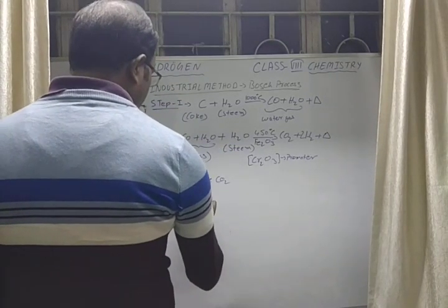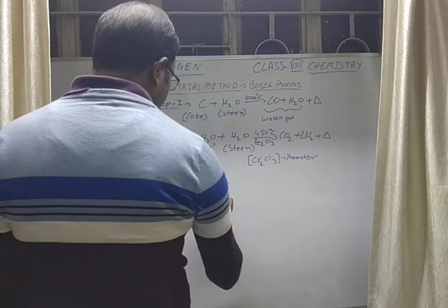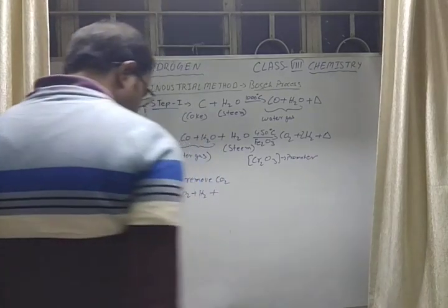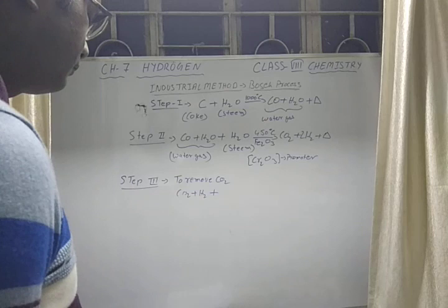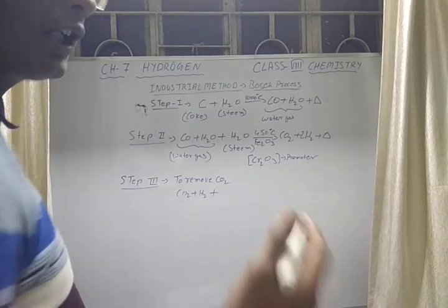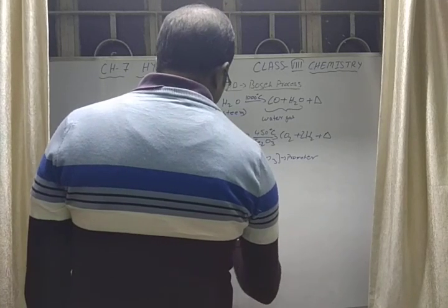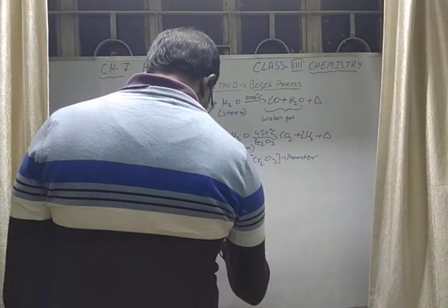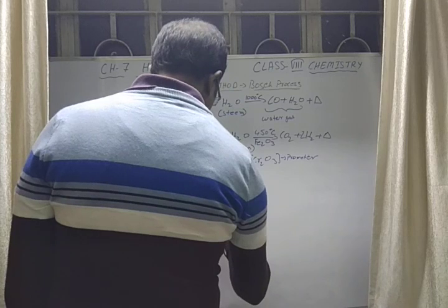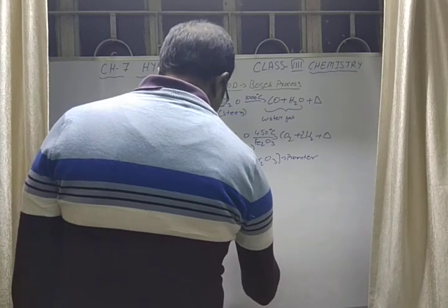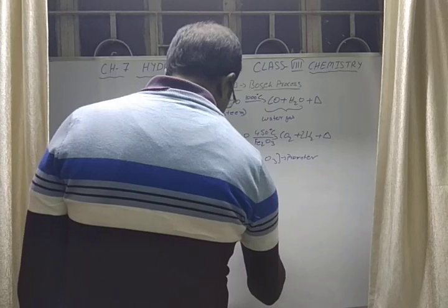CO2 plus H2 is dissolved with some other compound such as KOH. We can take KOH, that is called caustic potash. It is also called caustic potash.